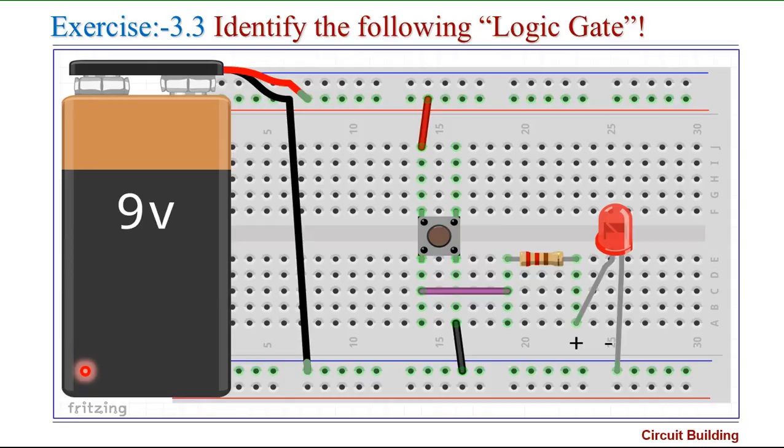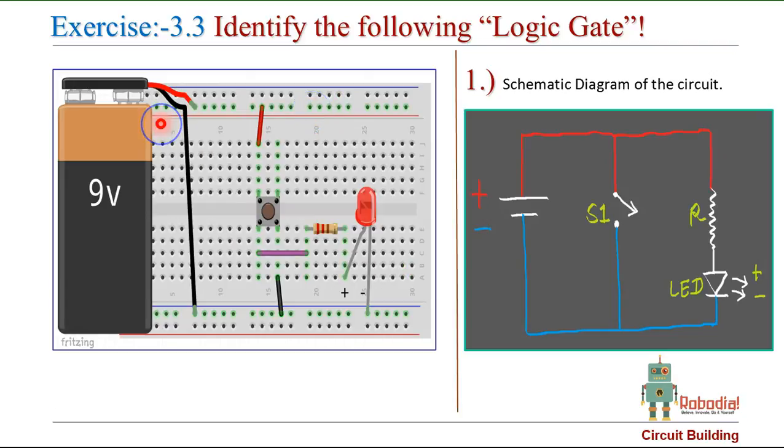Now let's take a look at the third example. The positive of the battery is connected to the left of my switch, like this. The left of my switch is also connected to the first end of my resistance. Like this.